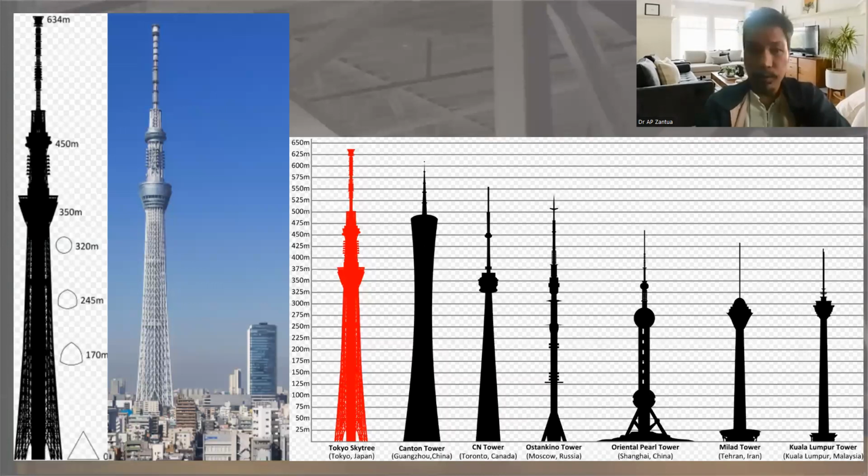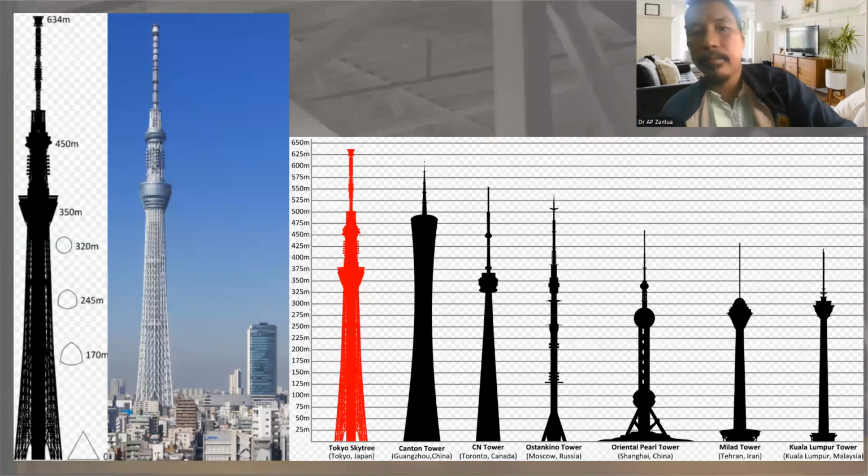Japan had a plan to build a 1 kilometer high building, but it did not pursue it because of the pandemic, and I think they stopped the plan already.